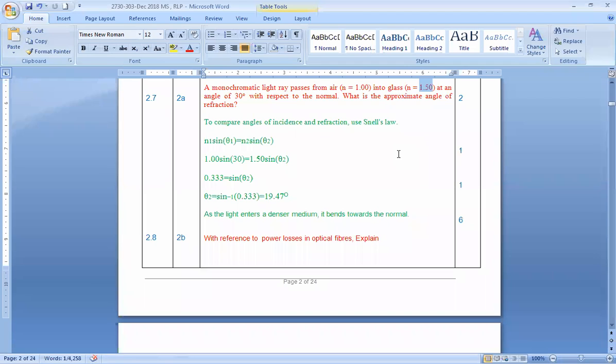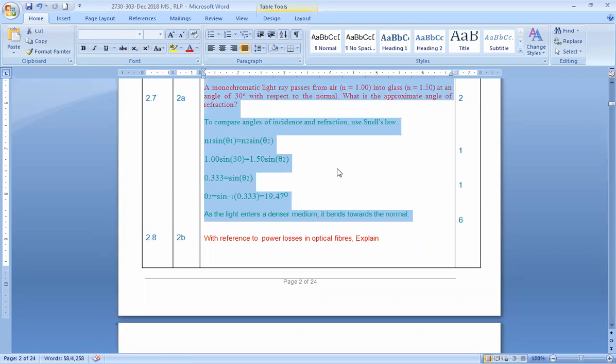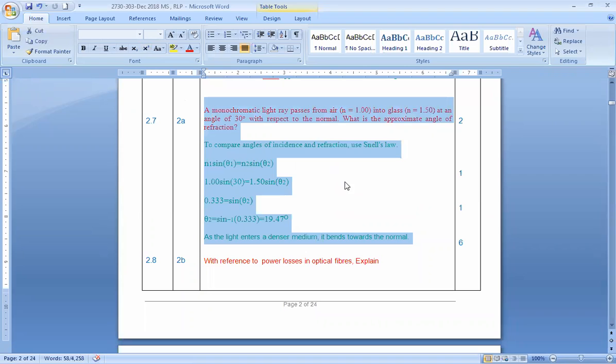So as the light passes through a denser medium, there can be bending, and that bending is happening at 19.47 degrees. Is this clear, students, with this concept that we looked into? In physics, I think you would have studied this, isn't it? Yes, sir. Okay. Fine.